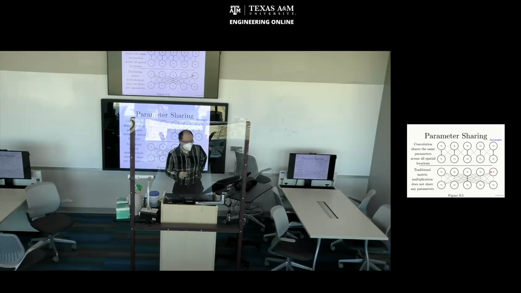But in our case, if the kernel size is 3, then it means this parameter, associated with x1 to s1, is the middle element of the 1 by 3 kernel. Is it?